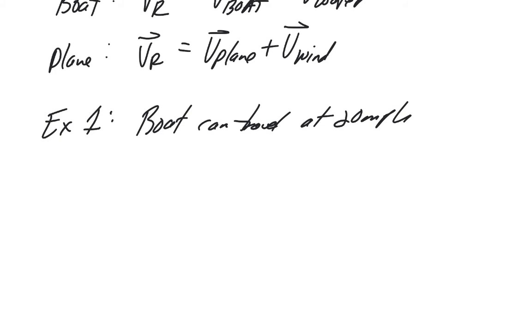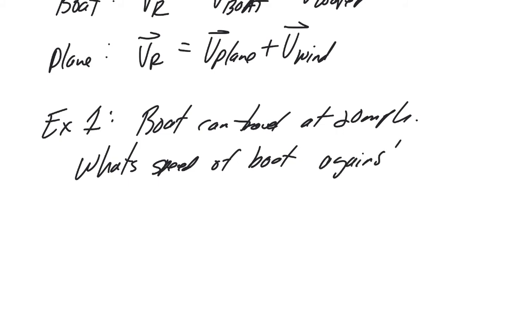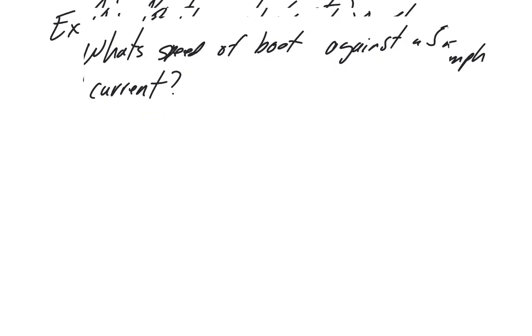What if we want to know the max speed of the boat when it's going at 20 miles per hour against a 5-mile-per-hour current? Now, this is obviously a pretty simple problem, but let's go ahead and draw these, and we can pick some directions here because we're not given many directions.